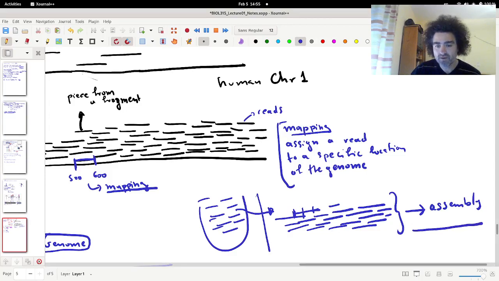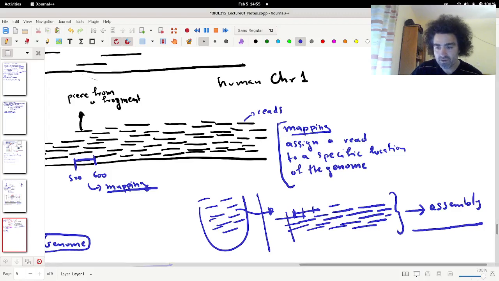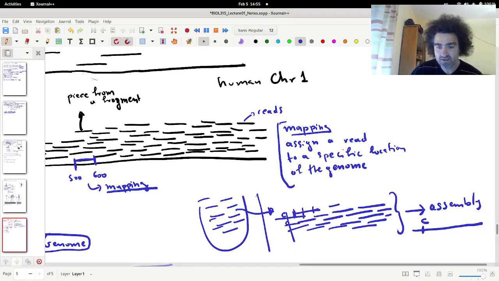So for example, depending on what information these reads tell about this position, we'll recover that this position has a C here, because this read has a C, this read has a C, and this read has a C. So here we have a C in the assembly.